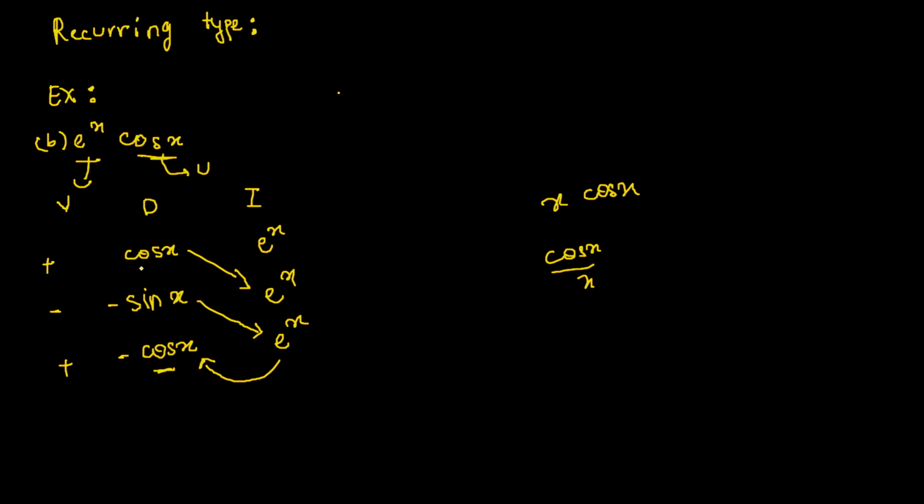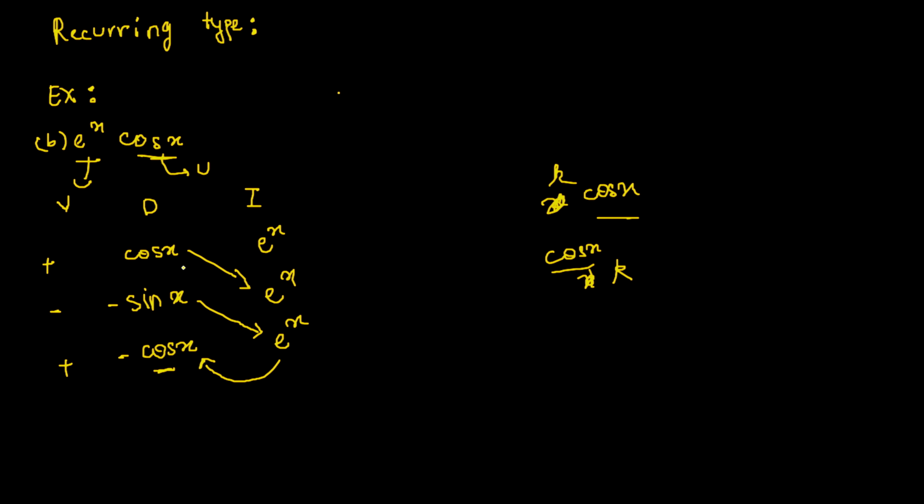You just have to get to the same term again. Not x, of course, because that is the variable we're looking at. Let's say we have k cos x or cos x by k. We just have to stop when we reach this particular term.